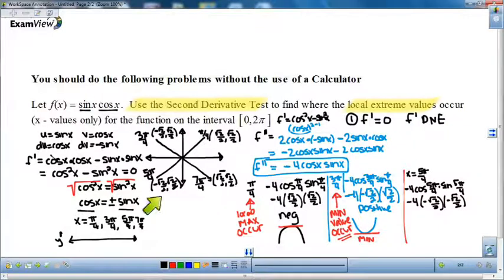I'm using these points right here, where they're both negatives. So this is going to give me a negative number. That means that this is concave down, so that's going to give me a local max. So this is where my local max occurs.